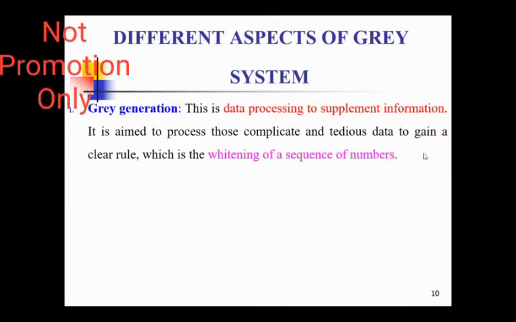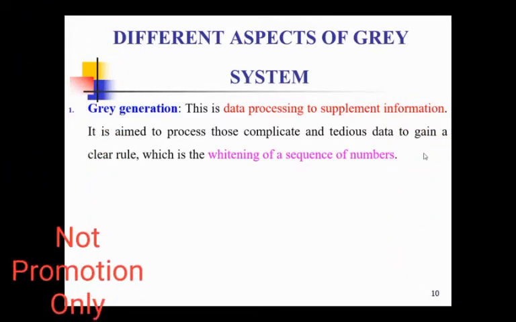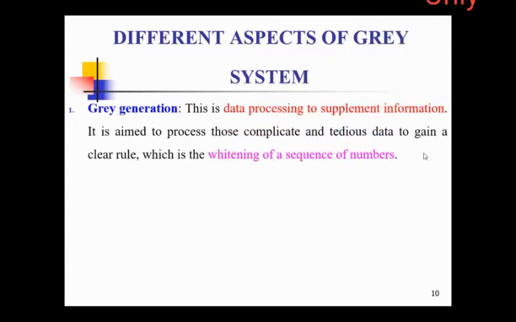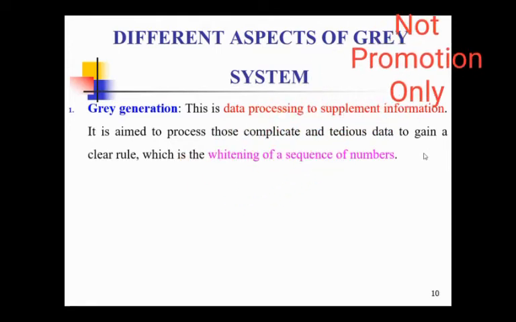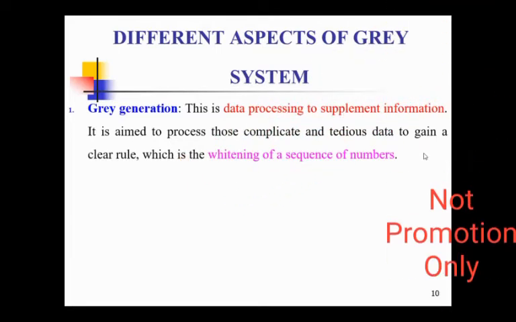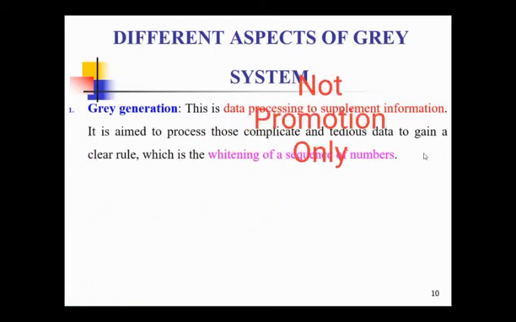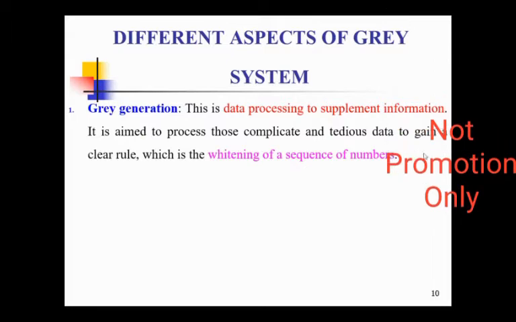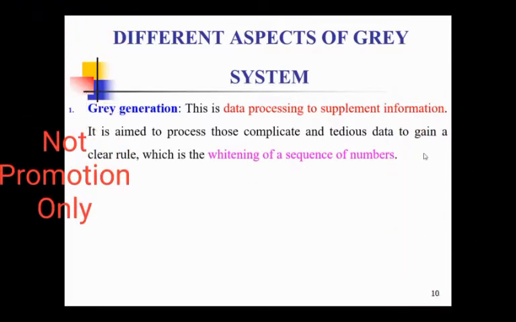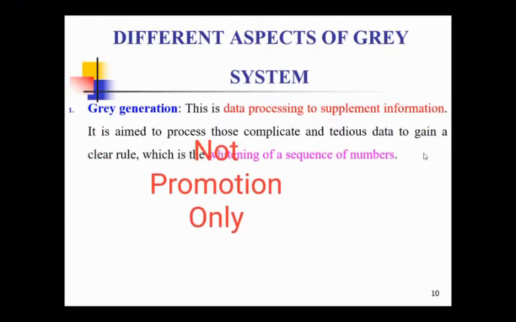As told previously, black represents data with zero information and white represents data full of information. So gray generation is aimed at whitening the sequence of numbers. By whitening the sequence of numbers, the partial information available in the data is converted into data with full information so that we can interpret things from the experimental data.